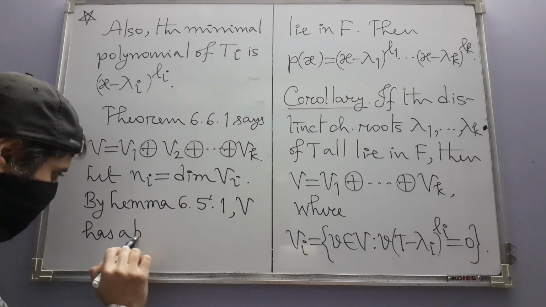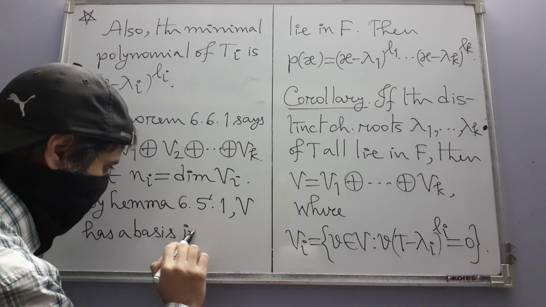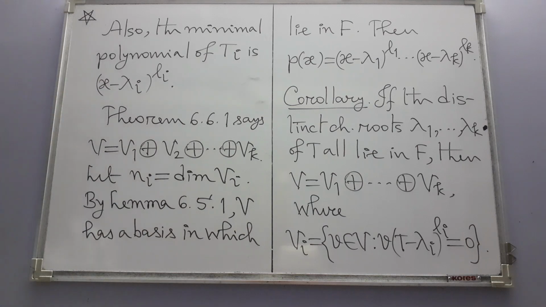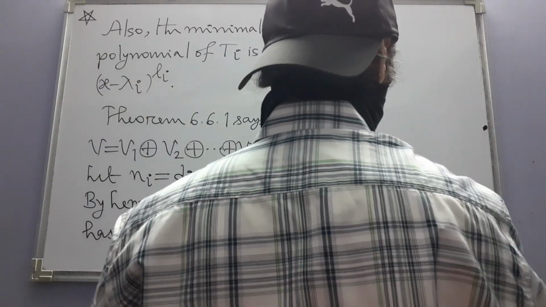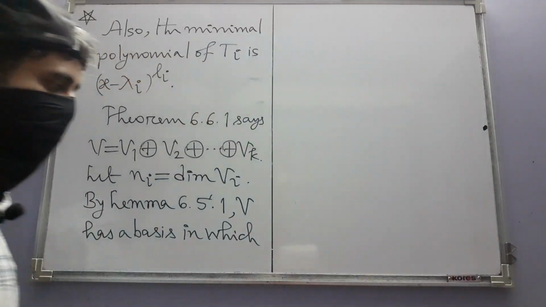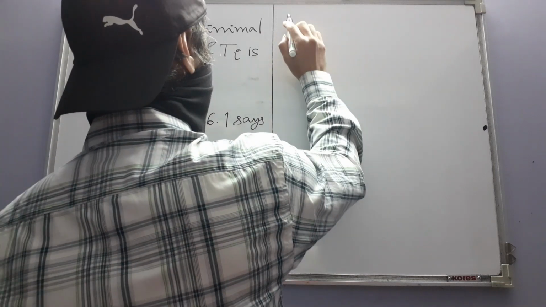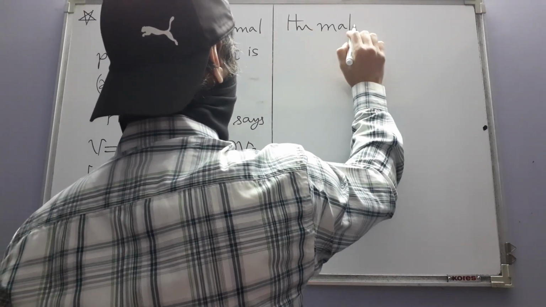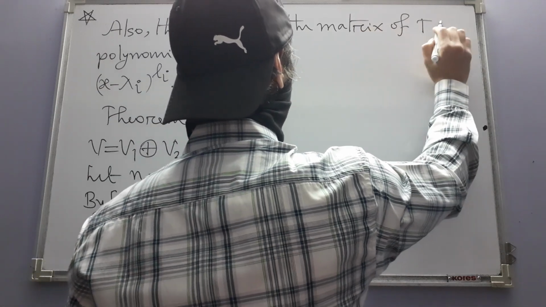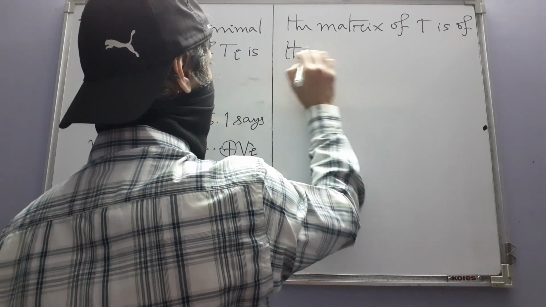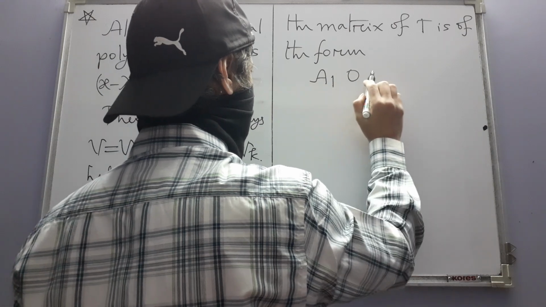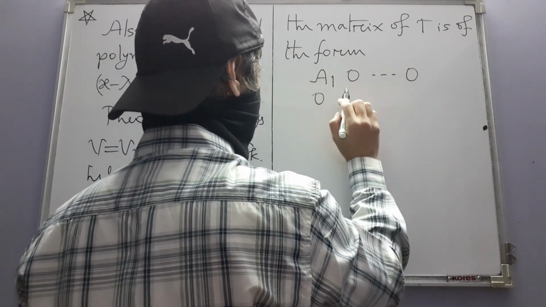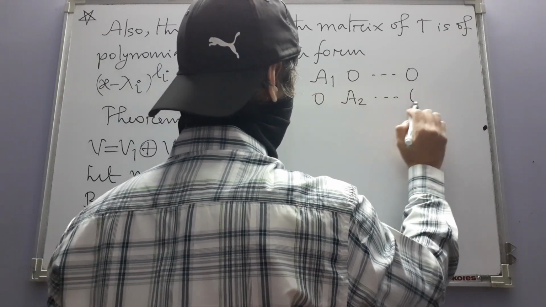V has a basis in which the matrix of T, let me write there, is of the following form: A1, so these are blocks, not necessarily single entries.